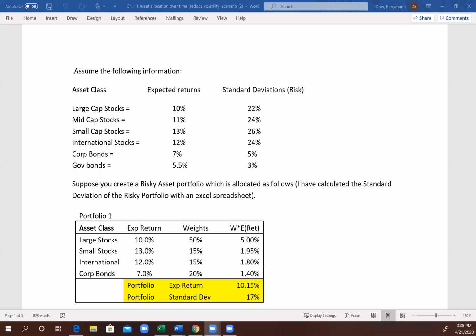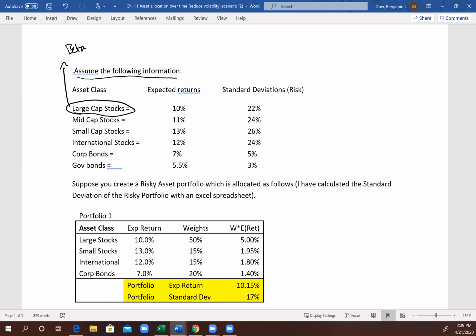So if you look at it, it says assume the following information. Okay. So suppose we pick some large cap mutual fund. We found the beta of the mutual fund, which is usually given. You don't really have to calculate it.